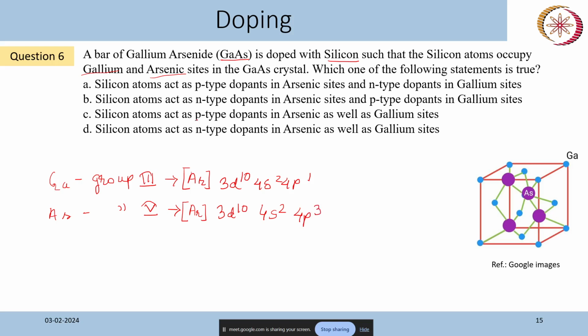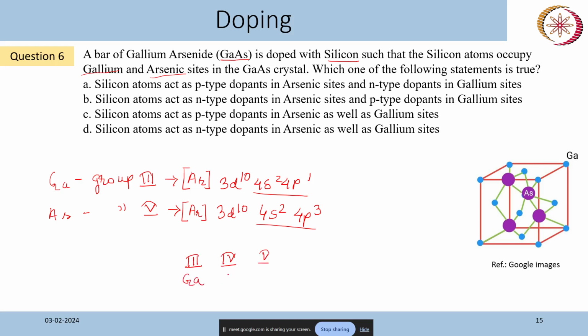And we know that silicon has 4 valence electrons in the outermost shell. Here it is 3 and here it is 5. So you can think of it this way: 3, then group 4, and then 5.